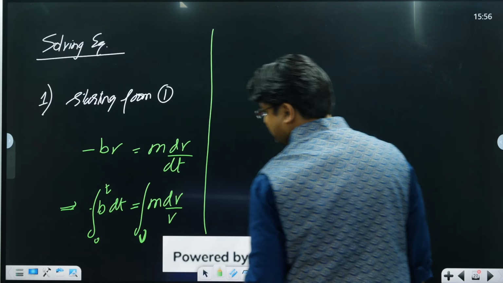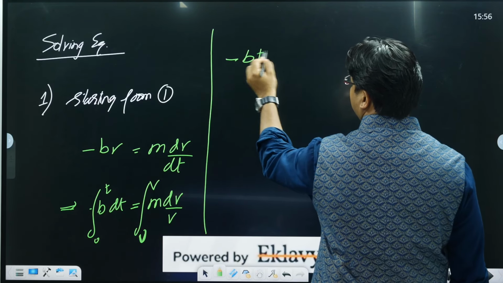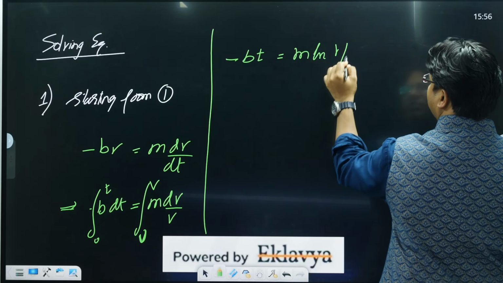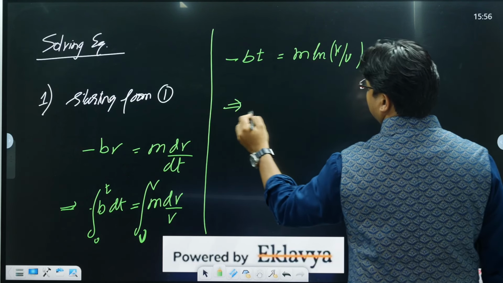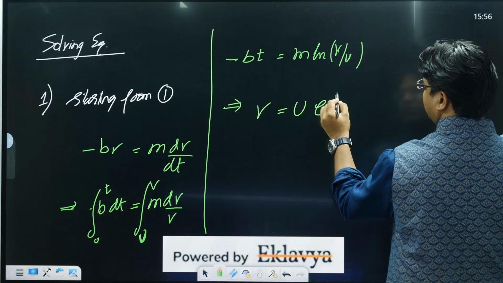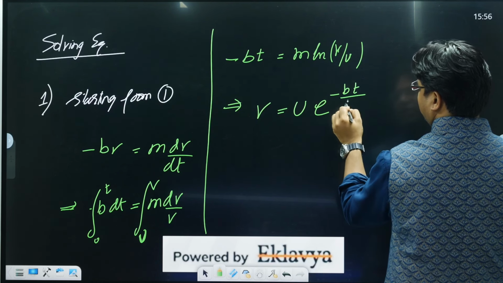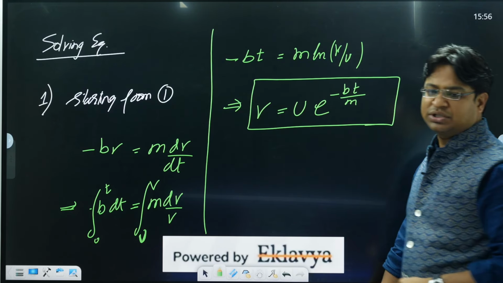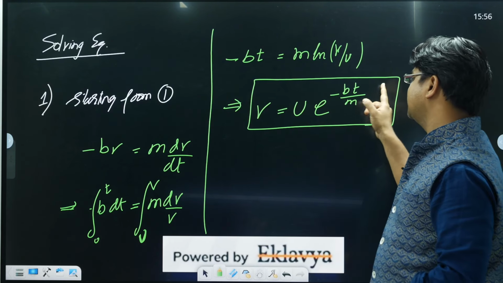So minus b into t is equal to m into ln v by u. If you rearrange it, you will get v is equal to u times e raised to power minus bt by m. This is the first equation that we can learn, that speed is equal to u times e raised to power minus bt by m.